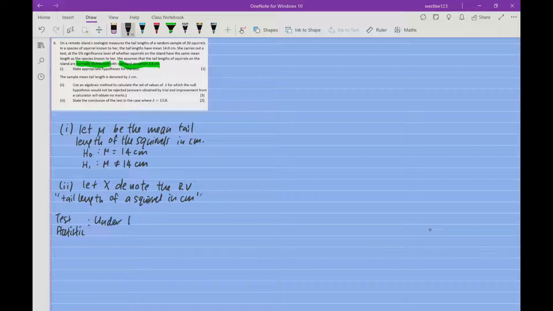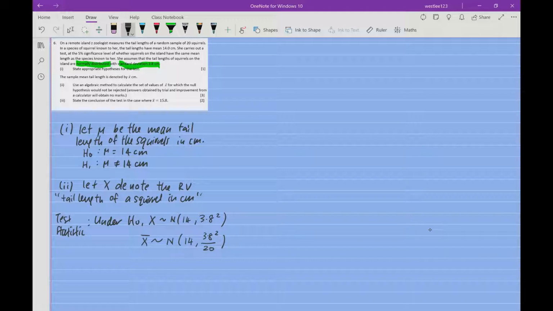Under H0, meaning we assume that H0 is true first so that we can use the parameter, X is normally distributed with mean 14, because we assume H0 is true, and variance 3.8 squared. Then we want to find the distribution of the sample mean. This will give us mu and sigma squared over n, and in this case the sample size is 20.